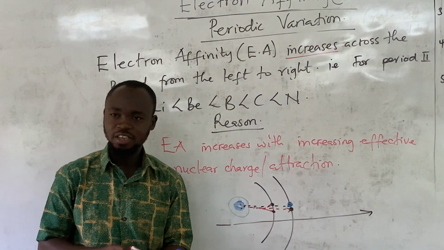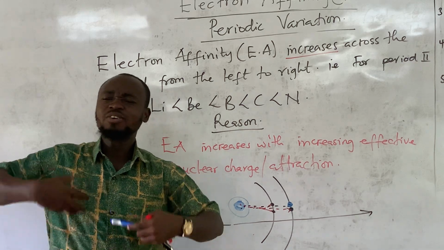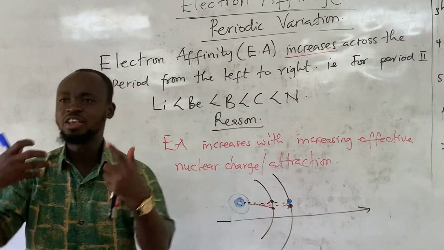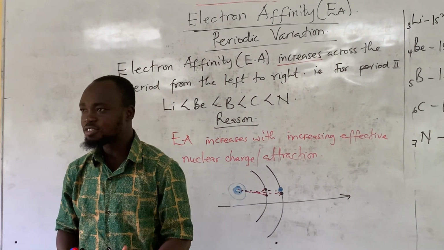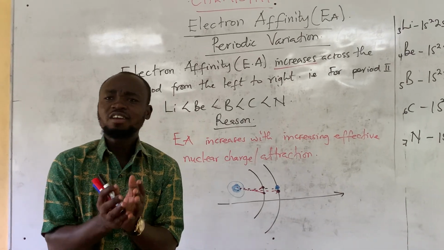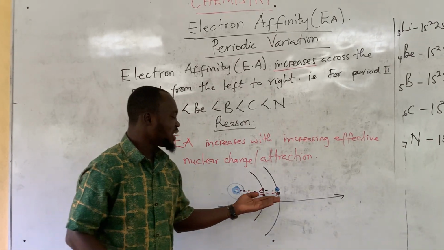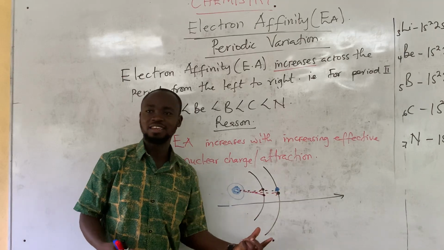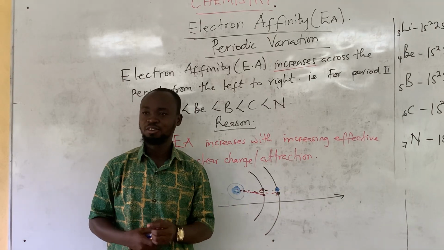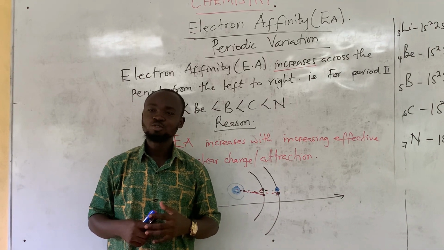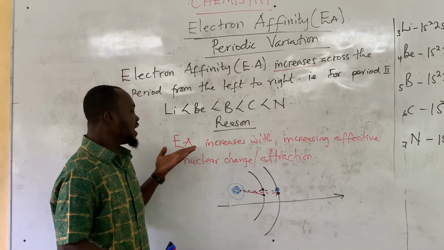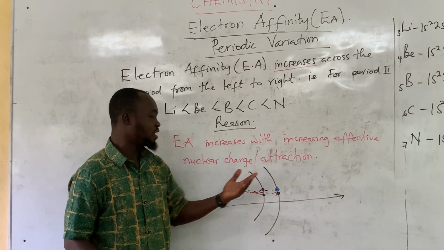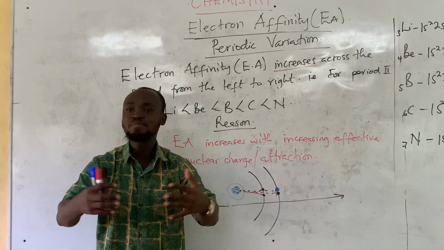Are we getting the point here? Electron affinity increases with an increase in nuclear attraction, because the nuclear attraction enables the added electron to be accommodated in that atom's shell. That is the reason why we say EA increases with increasing nuclear attraction.